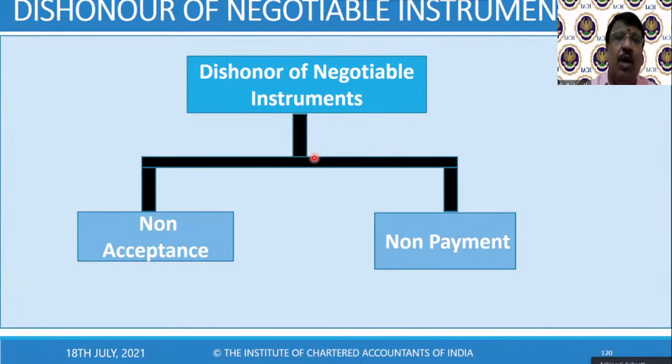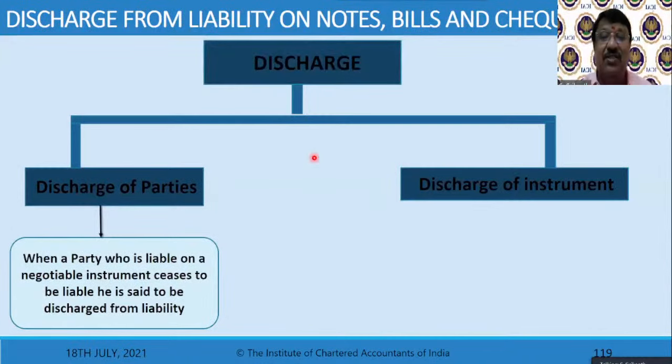Dishonor means either non-acceptance or non-payment. When the bill is presented for acceptance, the drawee who is supposed to accept it does not accept it: dishonor. Then the drawer becomes liable. Or, for example, the drawer gives it to the payee, who endorses it, and a subsequent endorsee presents it for acceptance. Every prior party is liable for non-acceptance. Please note, by non-acceptance the instrument is not discharged.